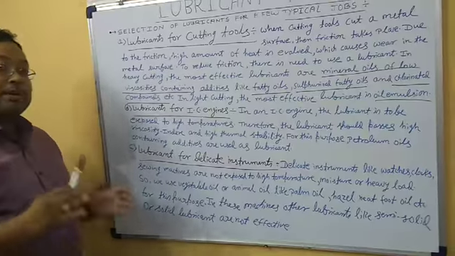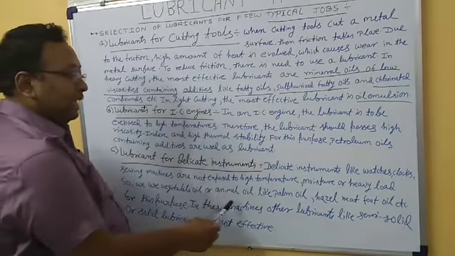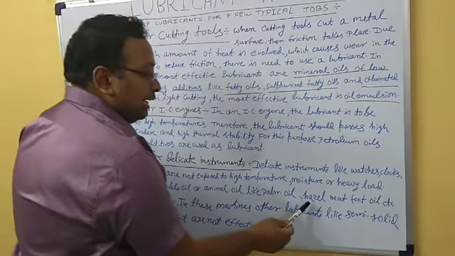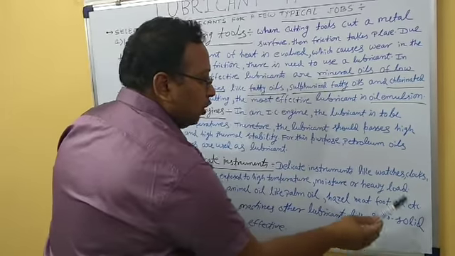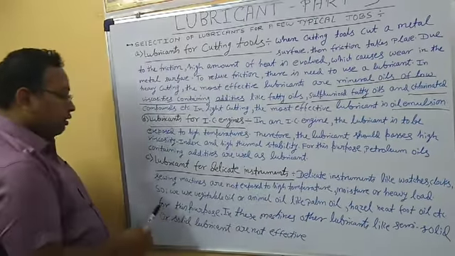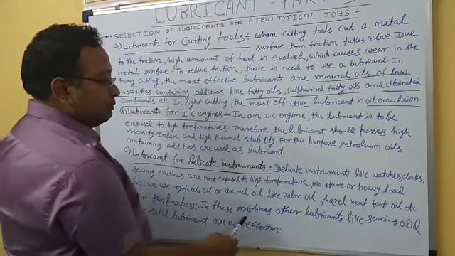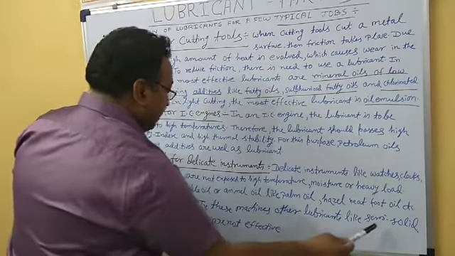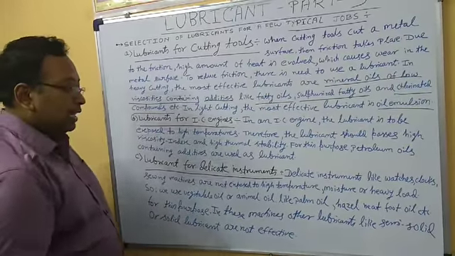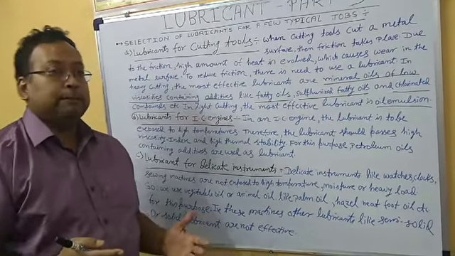So we use vegetable oil or animal oil like palm oil, hazelnut foot oil, etc. for this purpose. In these machines, other lubricants like semi-solid or solid lubricants are not effective.